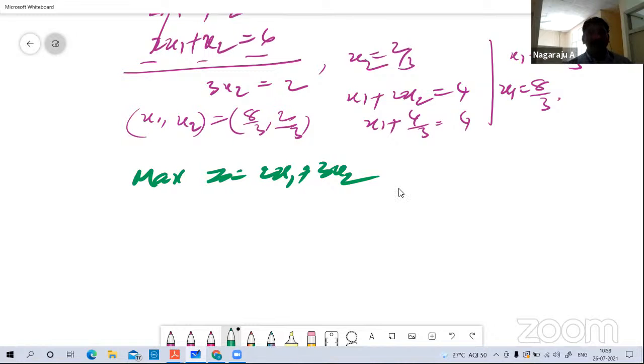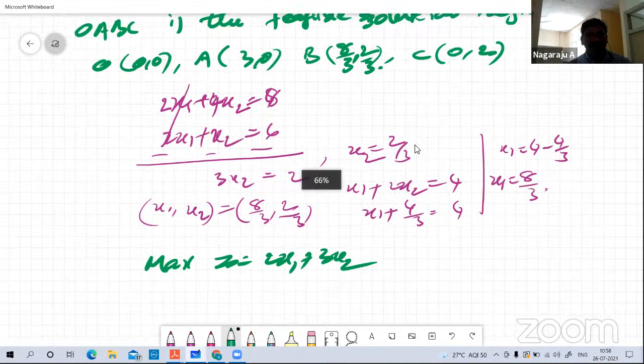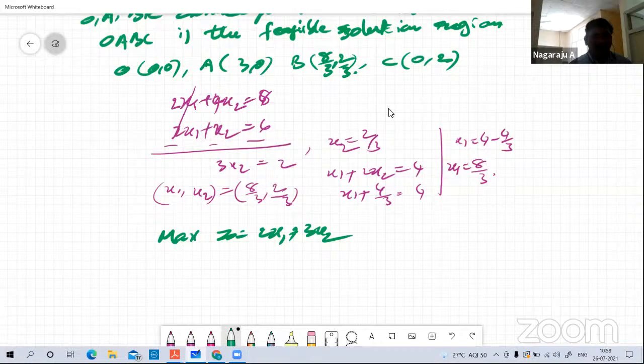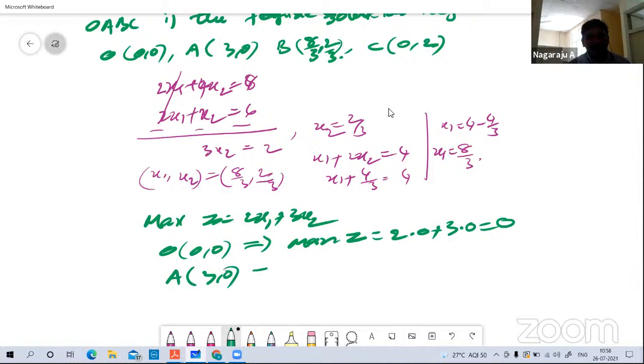First, I will substitute the point O, which is 0 comma 0. So z equal to 2 into 0 plus 3 into 0, equal to 0. Now A, I will substitute 3 comma 0. So z equal to 2 into 3 plus 3 into 0, so 6.